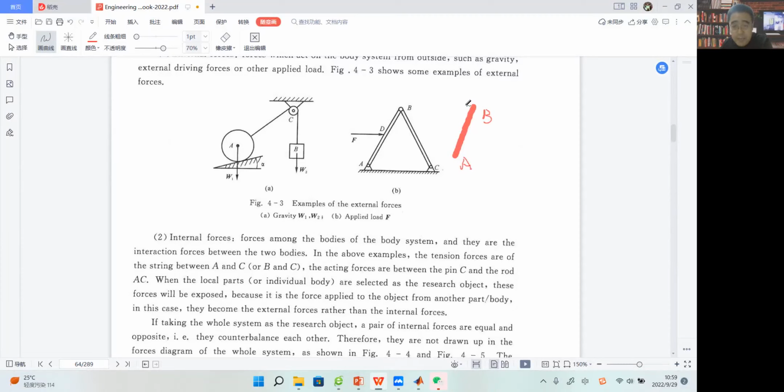Actually, at point B, it will have two reactions. So maybe we have FBX and FBY.